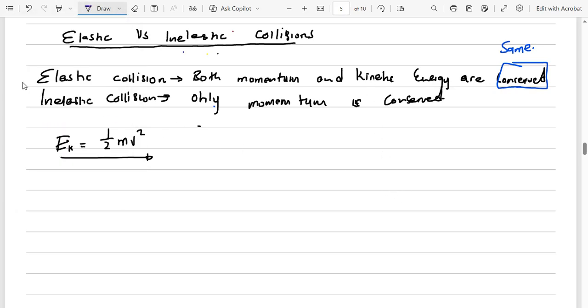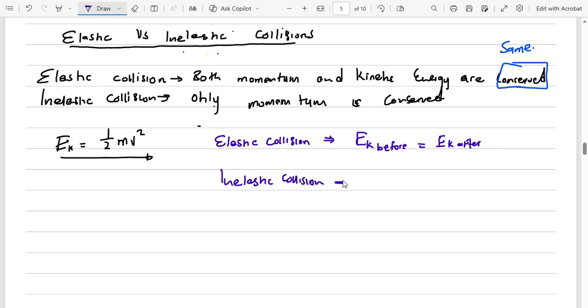So when I say elastic collision, this is like saying EK before should be equal to EK after. And then when I say inelastic, before and after are not equal.